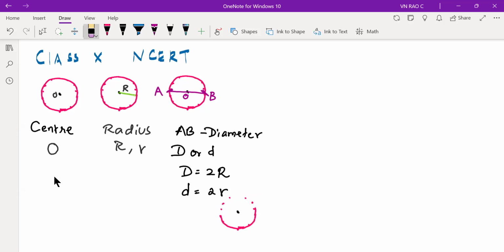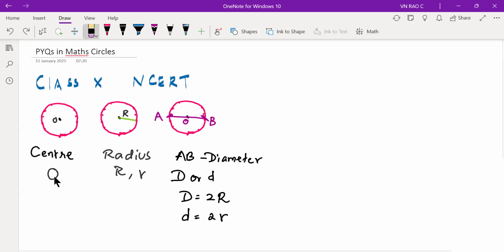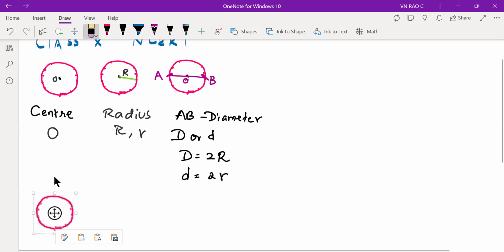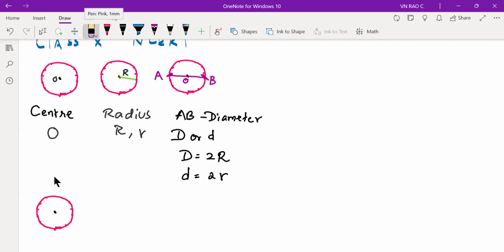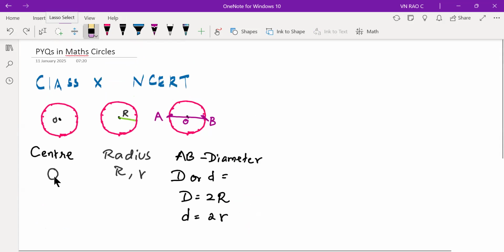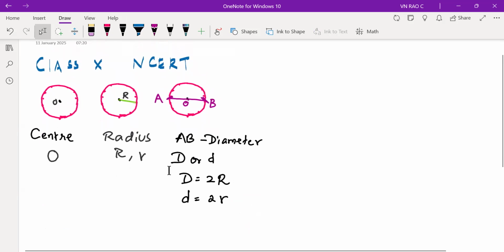Now again, let me copy and paste one more circle.